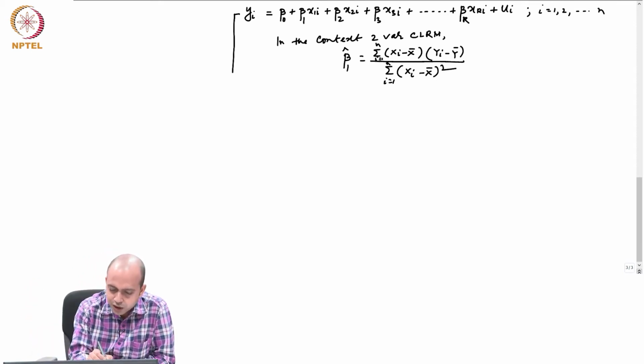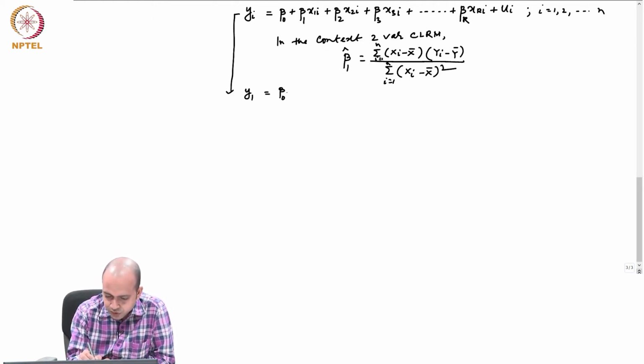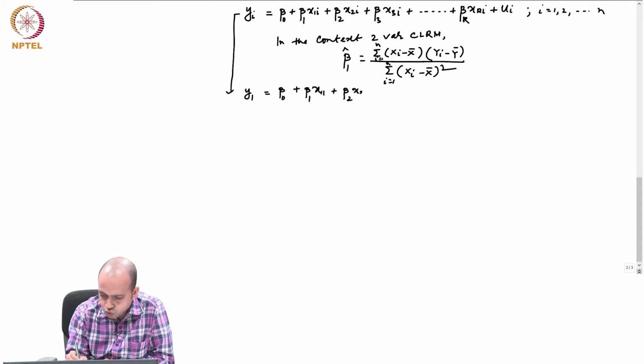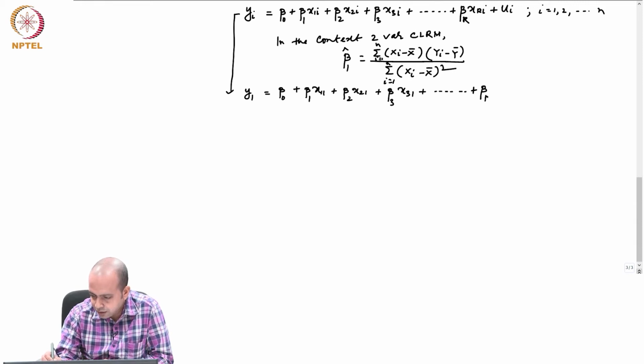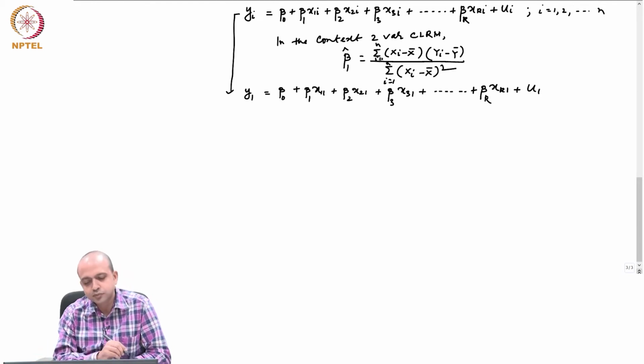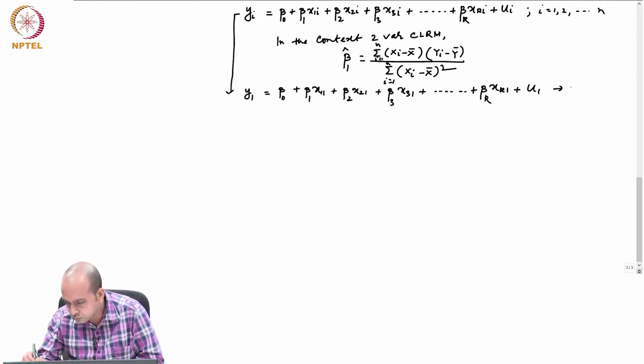How does it look like? Let us substitute i for 1, then we will get y1 equals beta 0 plus beta 1 x11 plus beta 2 x21 plus beta 3 x31 plus beta k xk1 plus u1. So, this is for the first individual, first person.